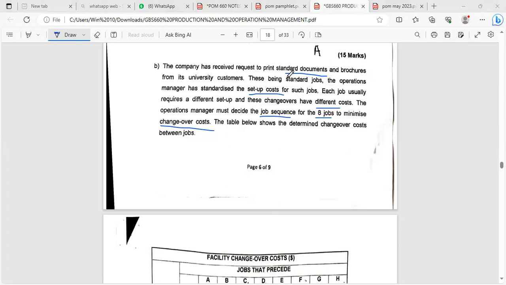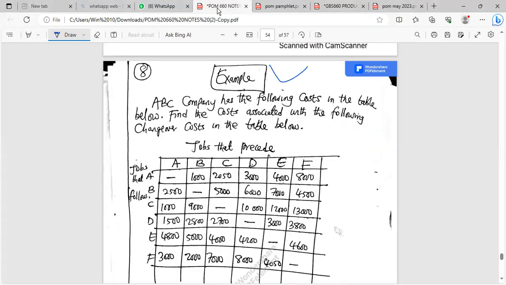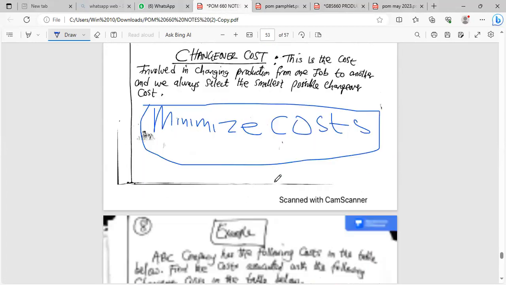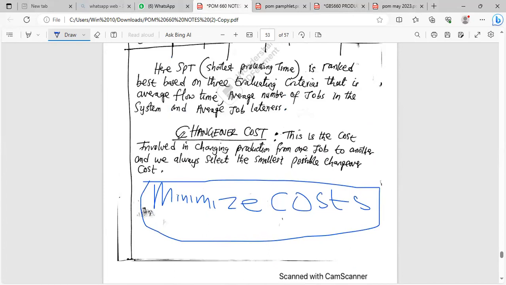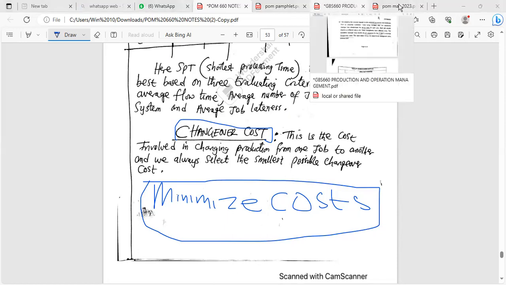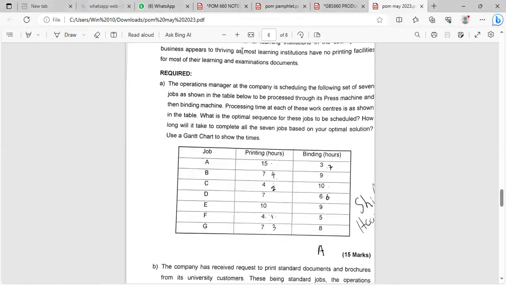So as we look at this aspect, we're simply saying that our objective is to minimize the changeover cost. Now we get down to this problem.